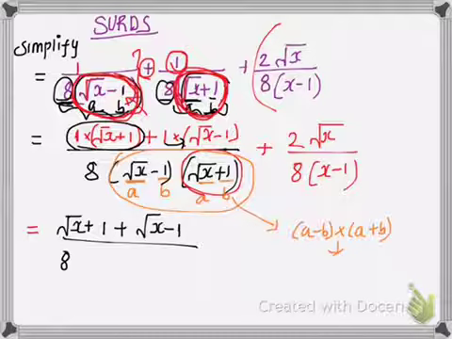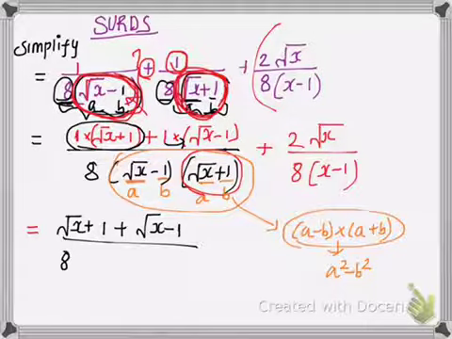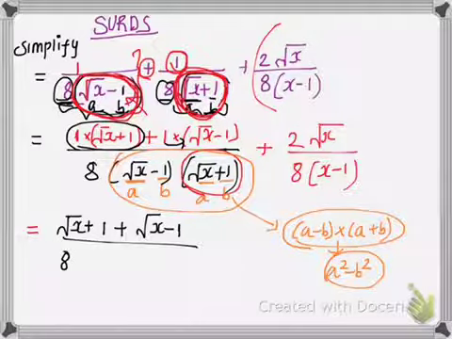So this is our formula for a squared minus b squared, which is the combined formula or the contracted form. So instead of writing a minus b times a plus b, we can just write a squared minus b squared.